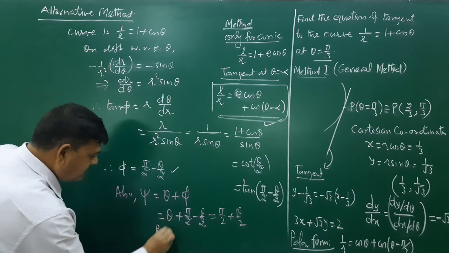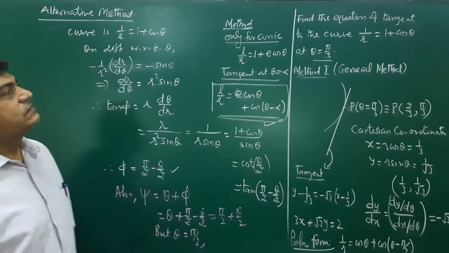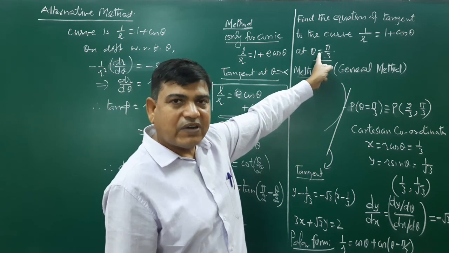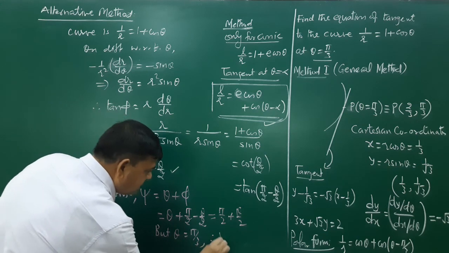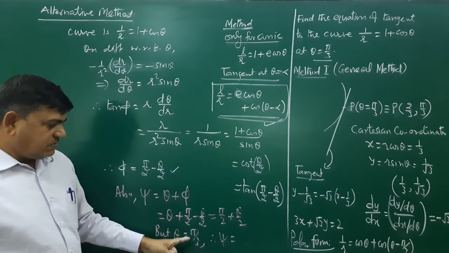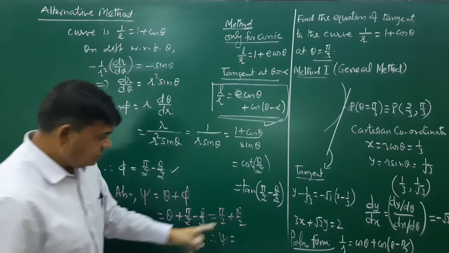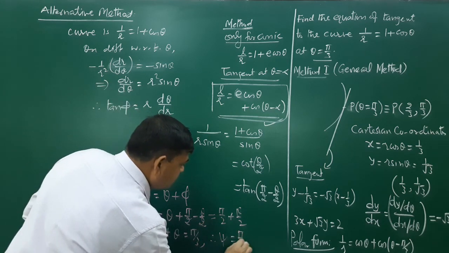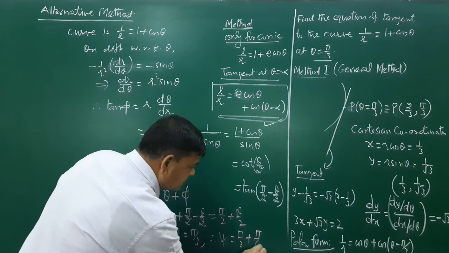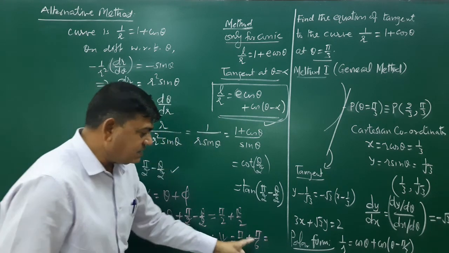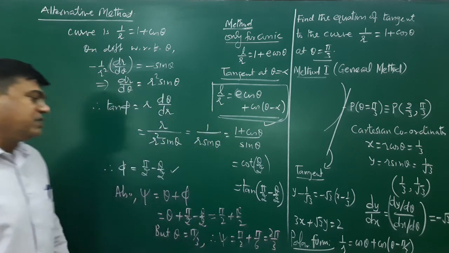But theta equals pi by 3 is given. Therefore, psi equals pi by 2, which is 90 degrees, plus theta by 2, which is pi by 6, that is 30 degrees. So it is 2 pi by 3, that is 120 degrees.